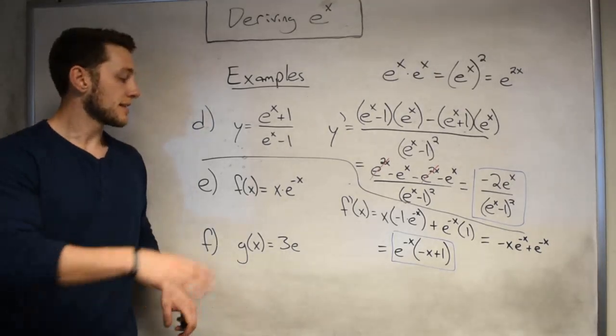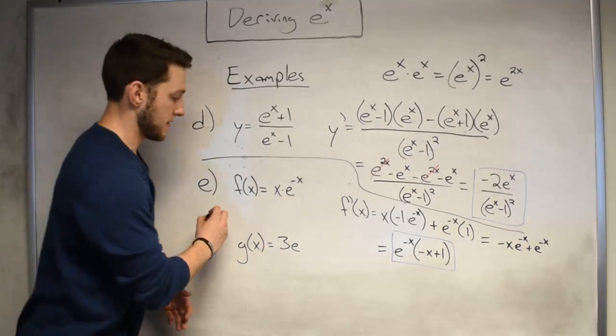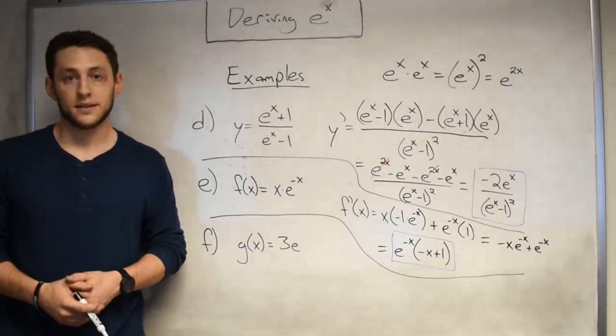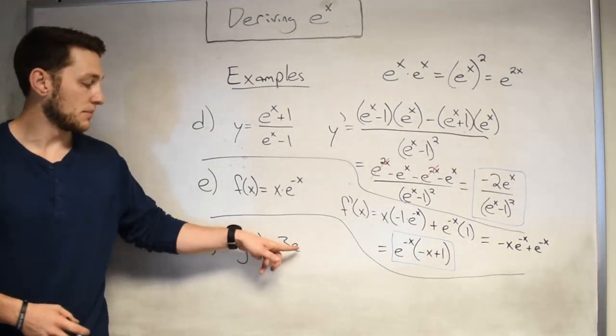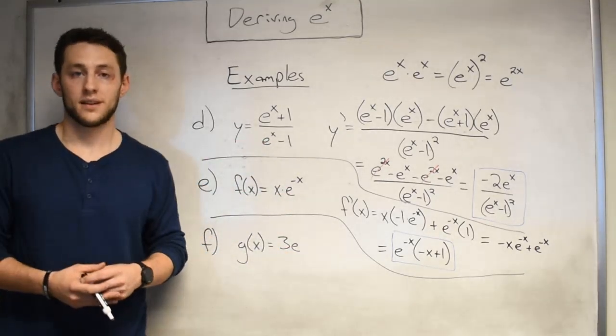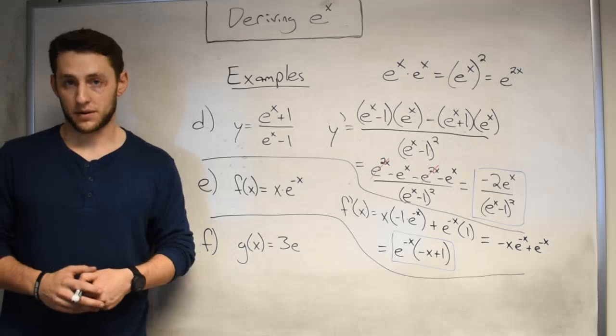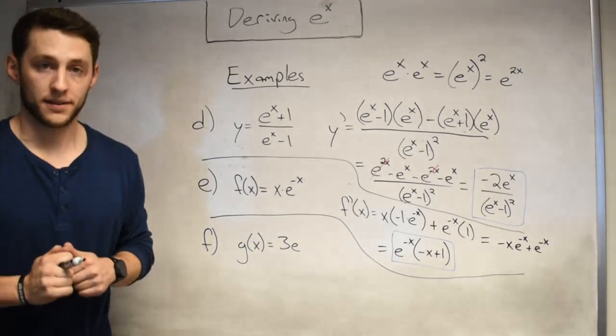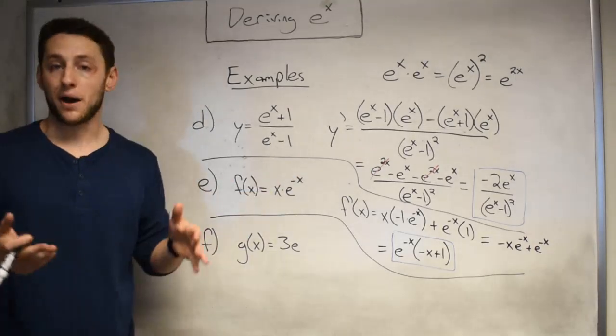Last but not least, let's consider the function g of x. This one can be tricky because notice there's something different about this e than about these two e's. This one does not have a power. So remember, e is just a constant if it does not have an x in the power.